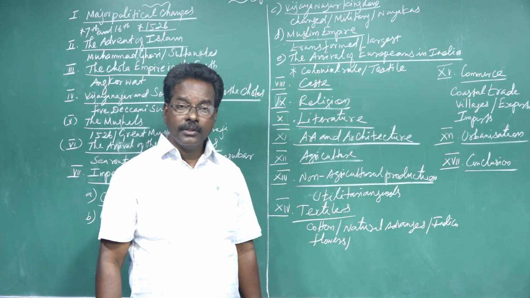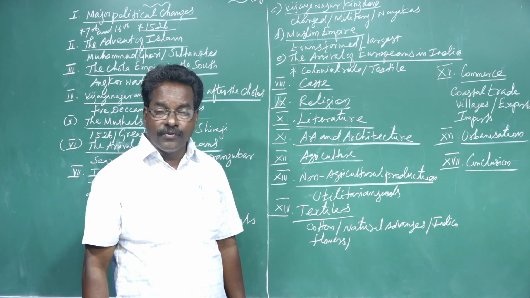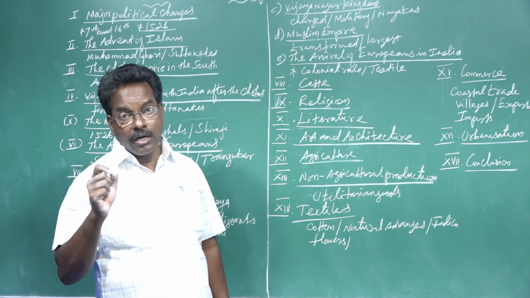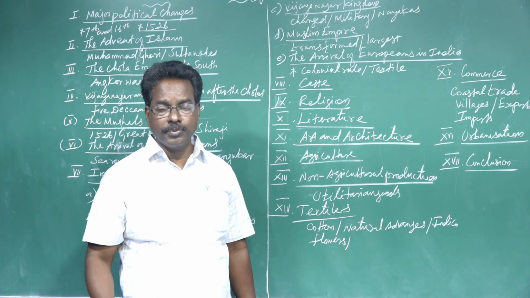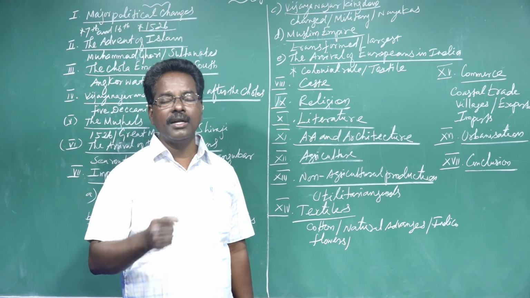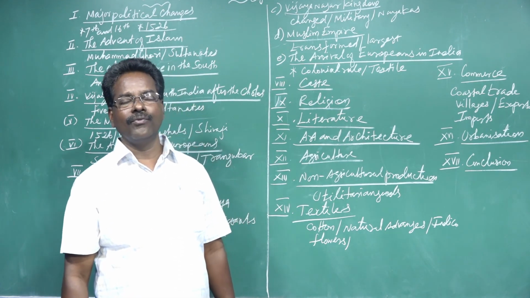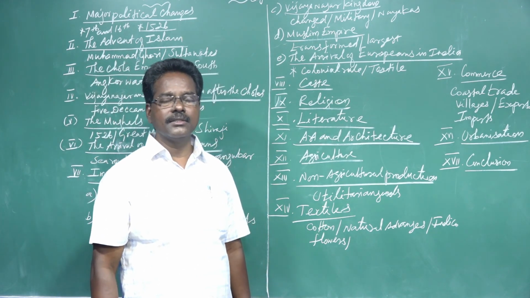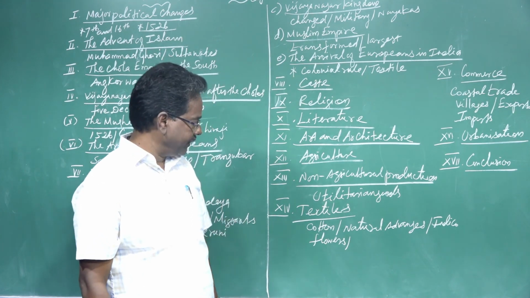What are the two natural advantages which are very essential for cotton weaving? Cotton grows in all parts of the country due to the presence of black soil, humid climate, availability of water, easy availability of raw materials and labour. These are the factors which are essential for cotton weaving.